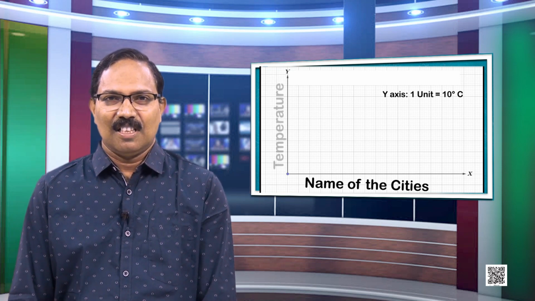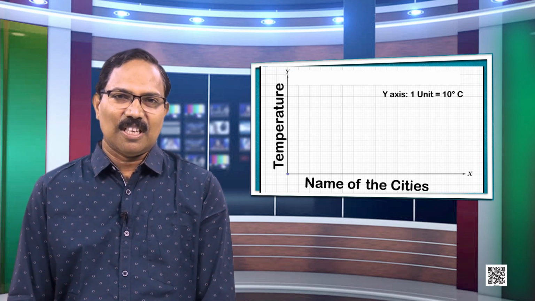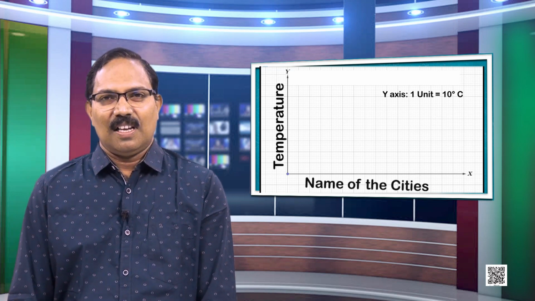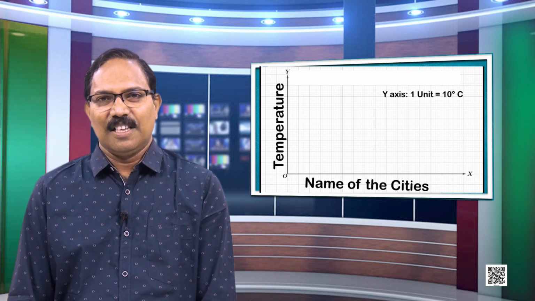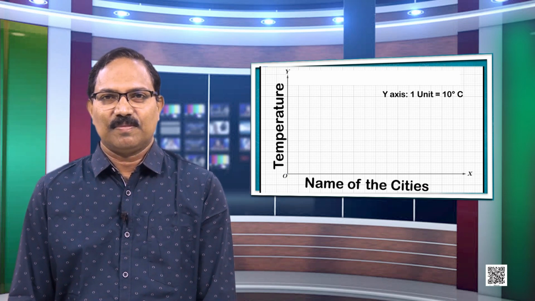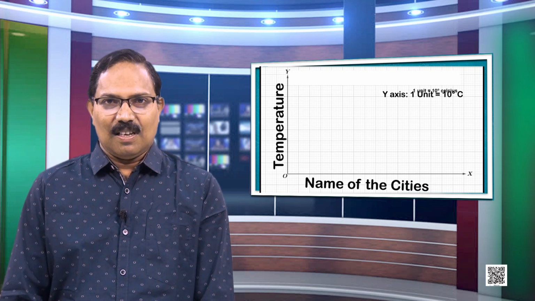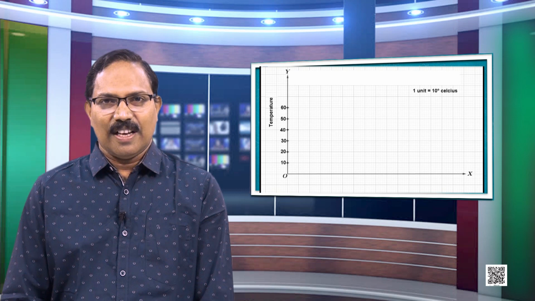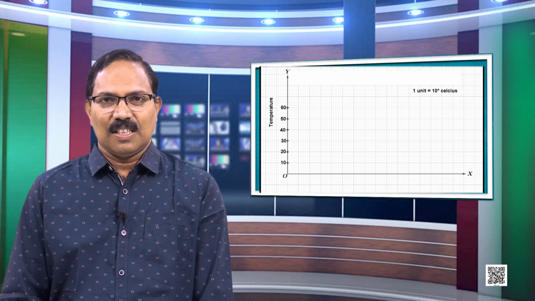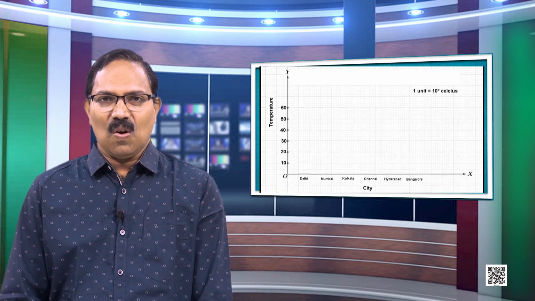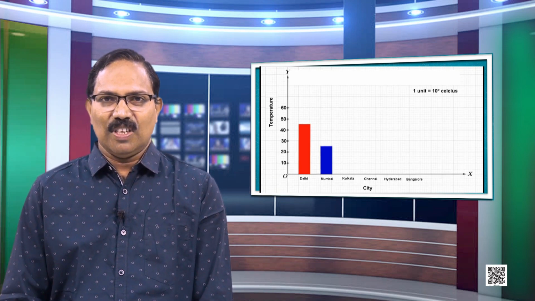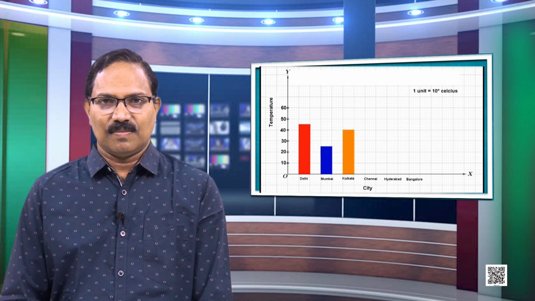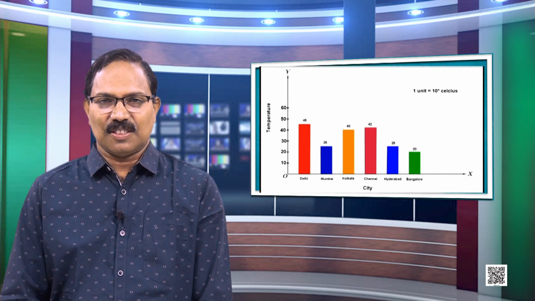That means y axis the temperature, x axis the names of the cities. Now you have to draw equal width bars against different cities. Once you draw the equal width bars, then you will get a bar graph like this.